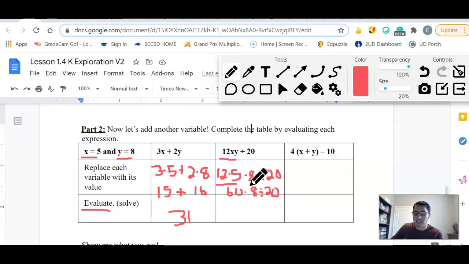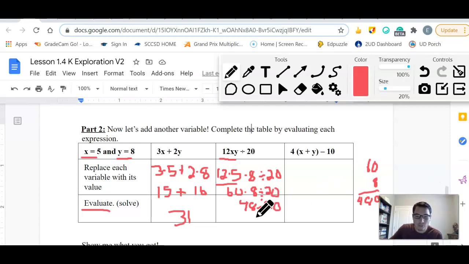I don't know what 60 times 8 is off the top of my head, so I'm going to do it off to the side. 60 times 8. I get 0, and 8 times 6 is 48. So I have 48 0 divided by 20.